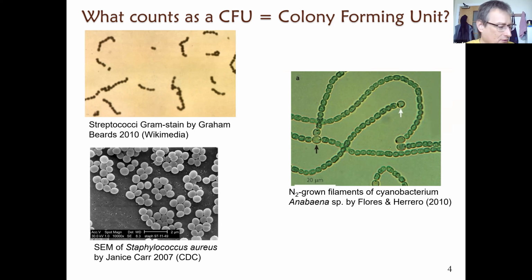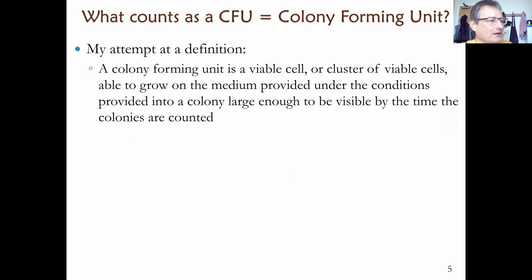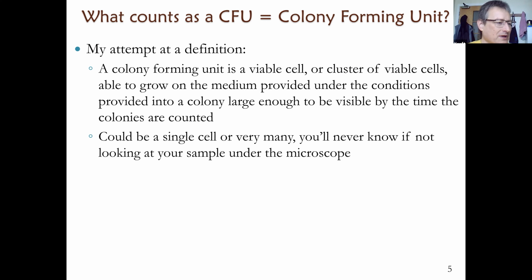So let's try to define a colony forming unit, which is one viable cell or cluster of viable cells, where at least one of the cells in that cluster is viable, able to grow on the particular medium that you're using under the particular conditions that you're setting into a colony that's large enough so you can see it and count it. So lots of conditions here. So what's most important to remember is that it can be a single cell or very many that are clustered together in some way.